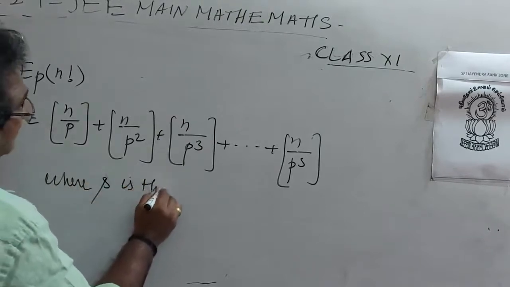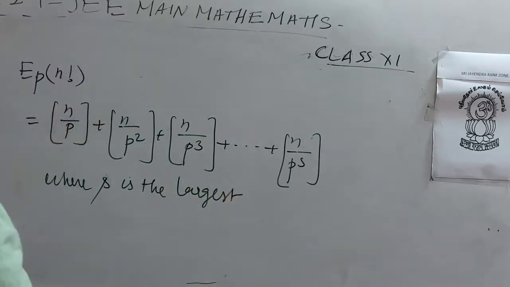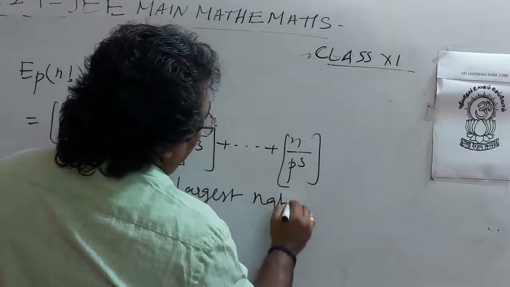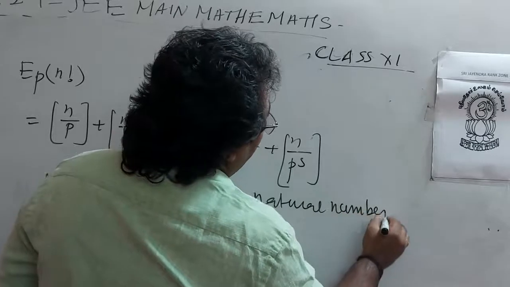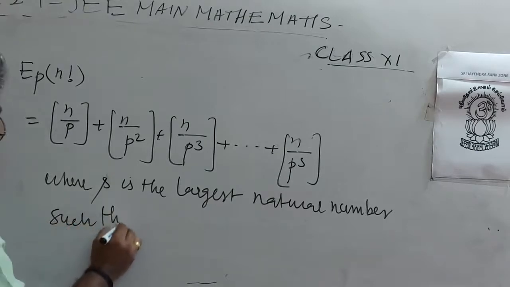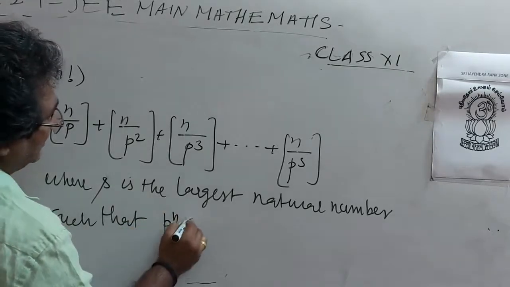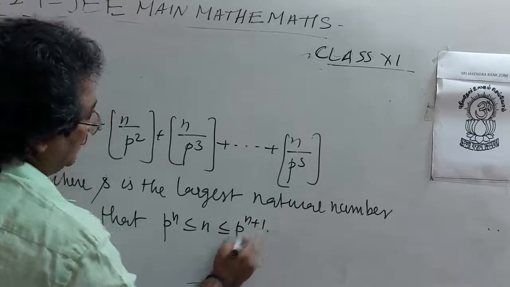Where s is the largest natural number such that p power s is less than or equal to n, which is less than p power s plus 1.